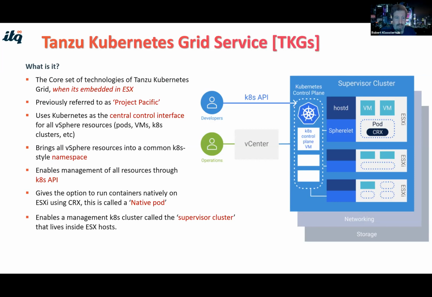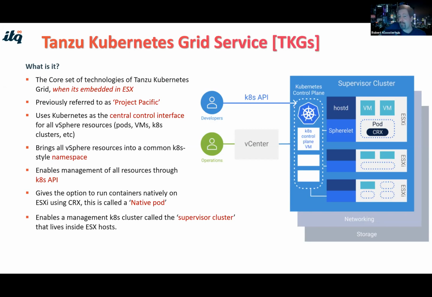So first we only had VMs, and other things like maybe vApps, and you don't see those very often, and resource pools. But now a lot of these Kubernetes objects are added to the vSphere interface. Now, the way VMware wants to organize your management of all of these objects, they're introducing a concept called namespaces.